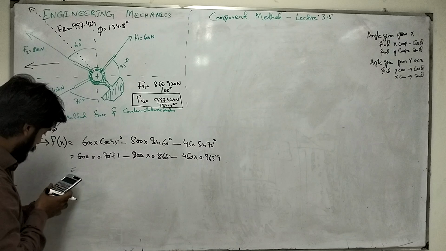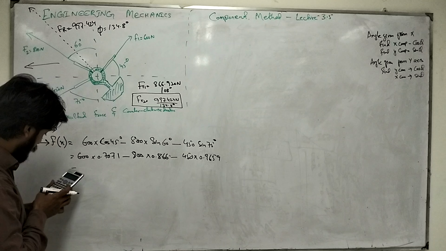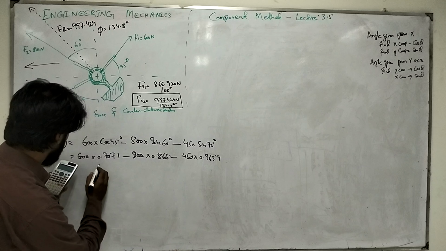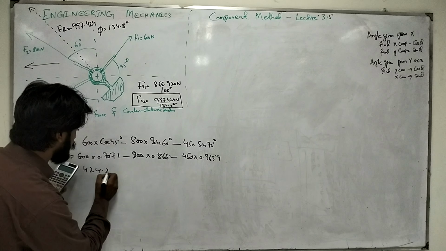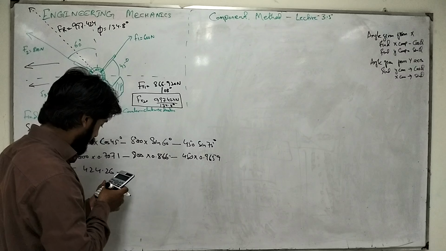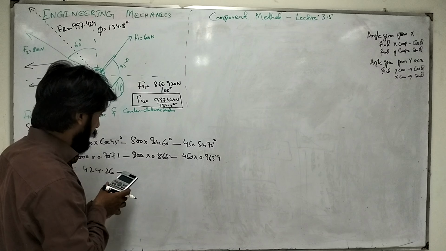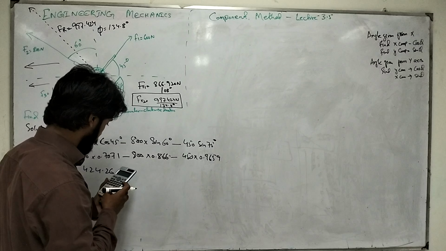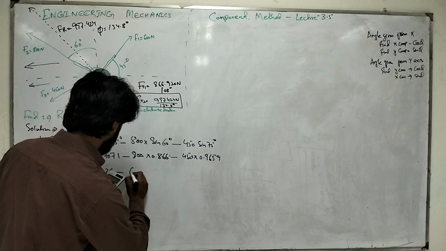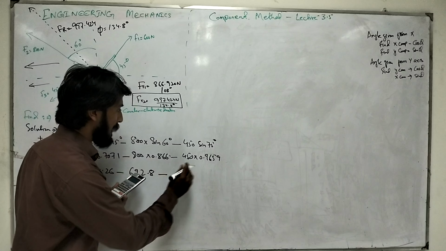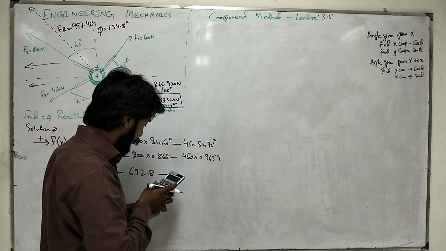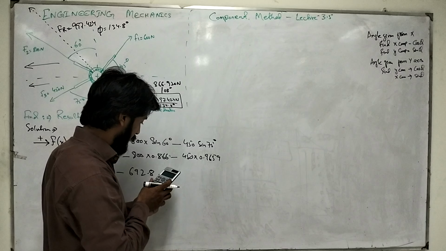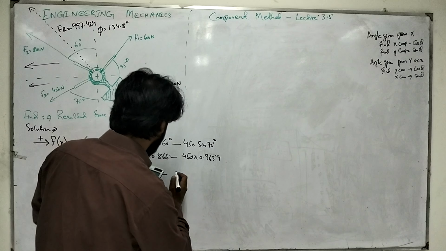So 600 multiplied by 0.7071 is equal to 424.26, and then 800 multiplied by 0.866 is 692.8, minus 450 multiplied by 0.9659.